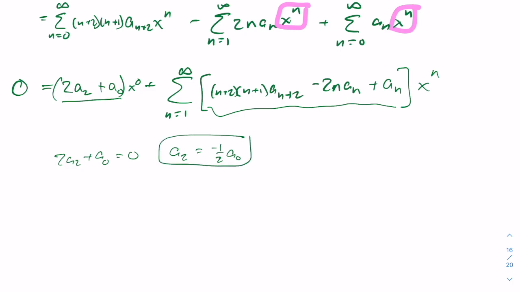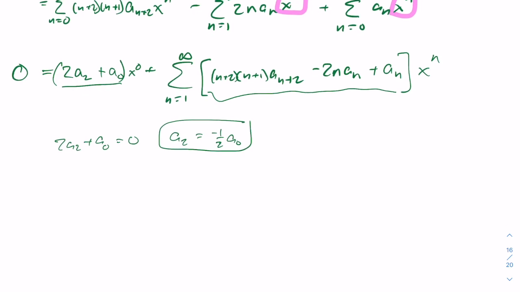So there's my first recurrence relation thing. And then the next part, so then the rest of it equals 0 as well. So I get n plus 2, n plus 1, a sub n plus 2, plus negative 2n plus 1, a sub n. So let's write it that way.